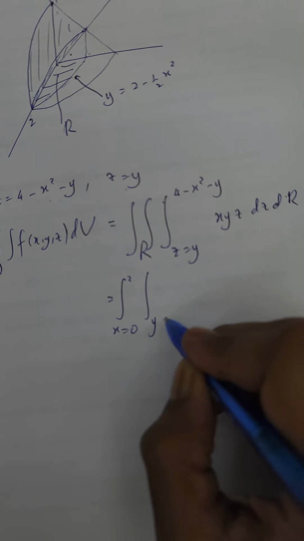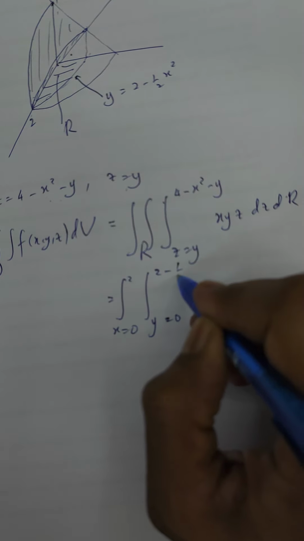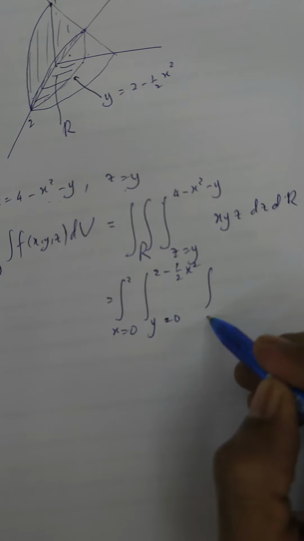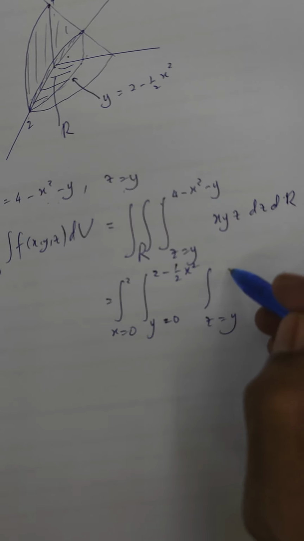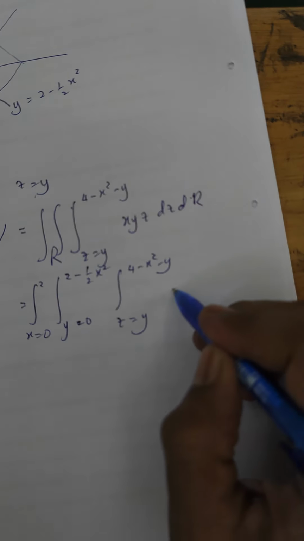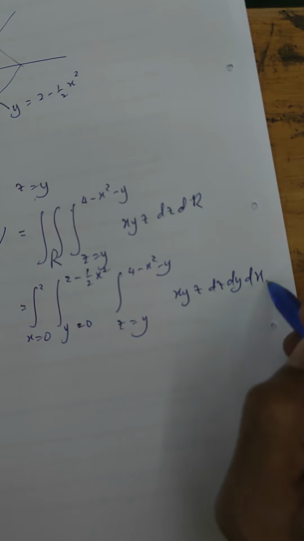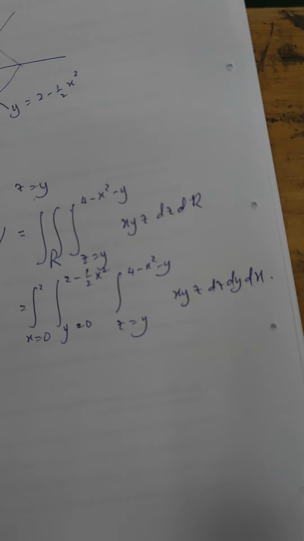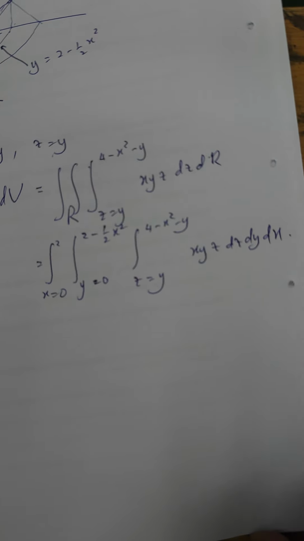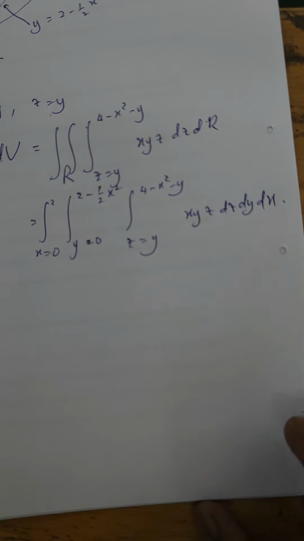So we have y from 0 to 2 minus half x squared, and then z from y to 4 minus x squared minus y, xyz dz dy dx. Having done that, the rest is just to evaluate this integral iteratively.